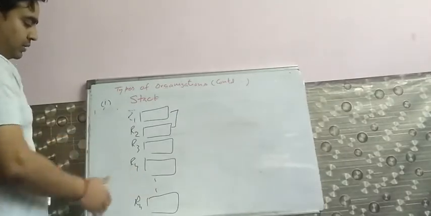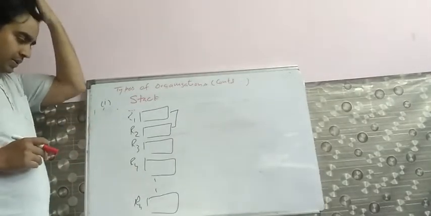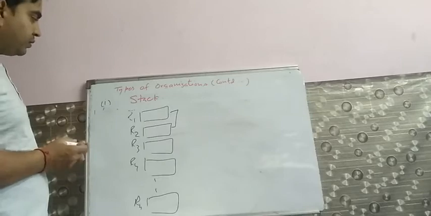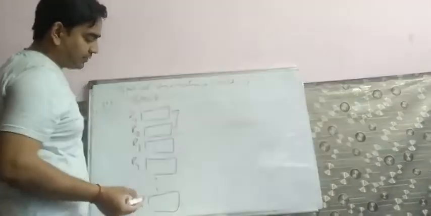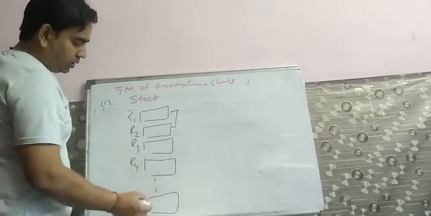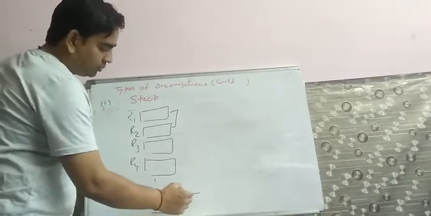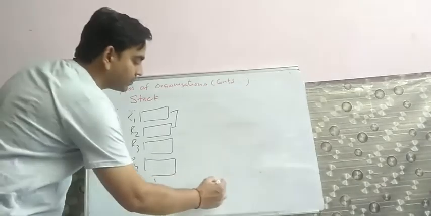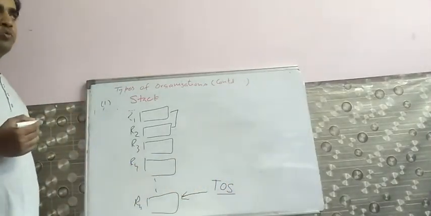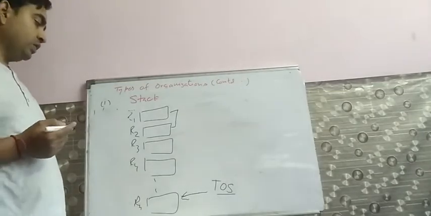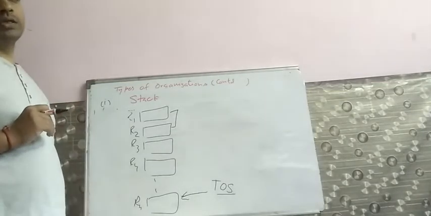Suppose these are the registers available in our CPU. So we can treat it as a stack. In the case of the stack architecture, we are having a pointer known as top of stack, the TOS pointer, which points to the last element on the stack.